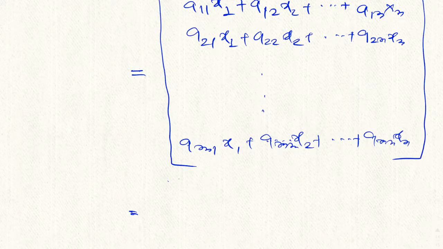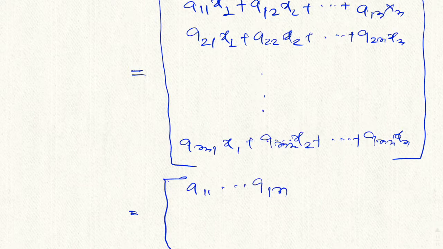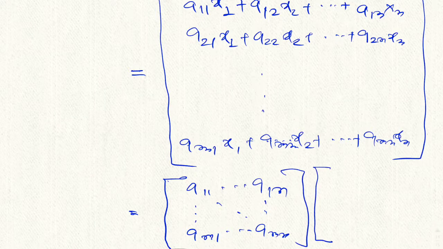Then we can write it as the matrix with rows a11 to a1n down to am1 to amn, and multiply this with the vector x1, ..., xn.